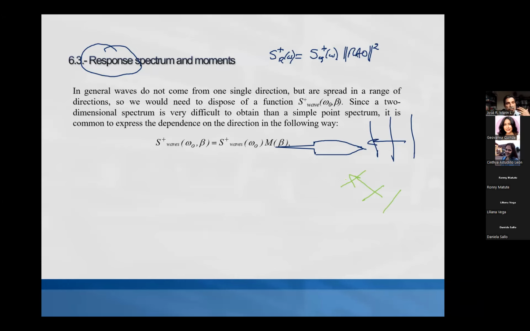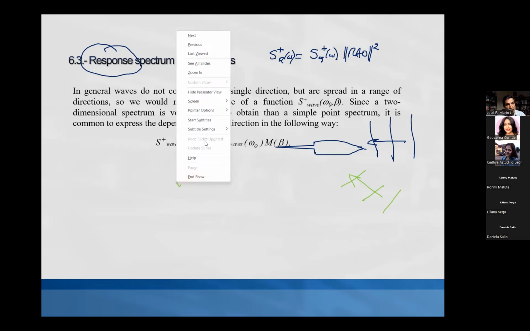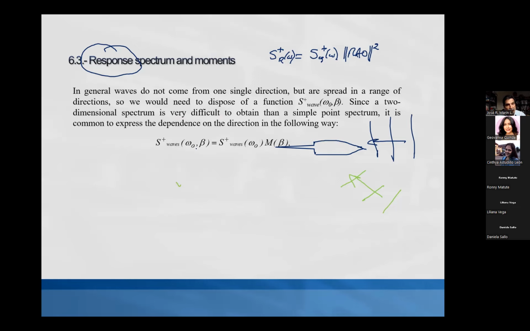So in order to consider that in our analysis, we have to consider that the spectral density of the incoming waves includes the direction of the incoming waves. As a result, the spectral density of the incoming waves depends not only on the frequency, which depends on the wavelength, but also on the direction with respect to the motion of the ship.